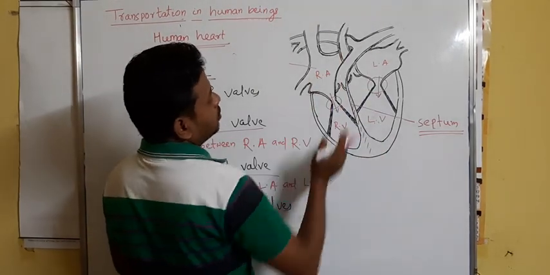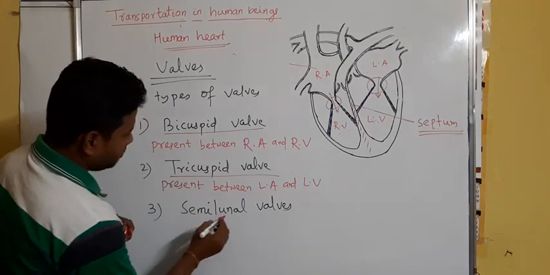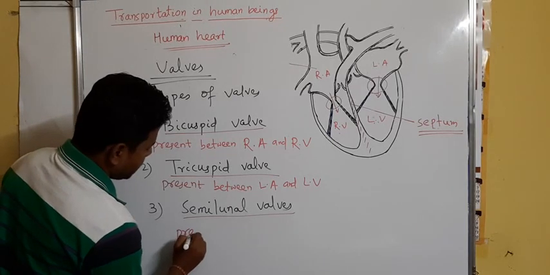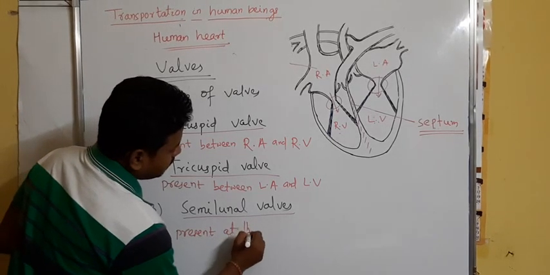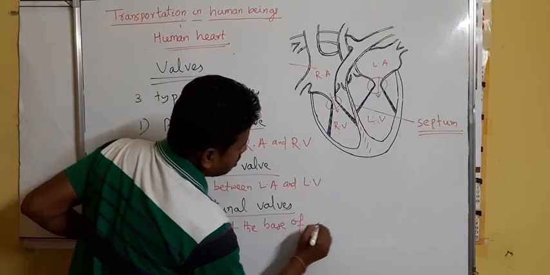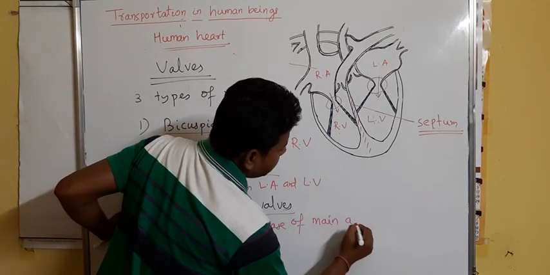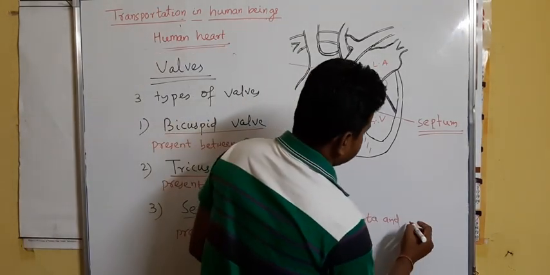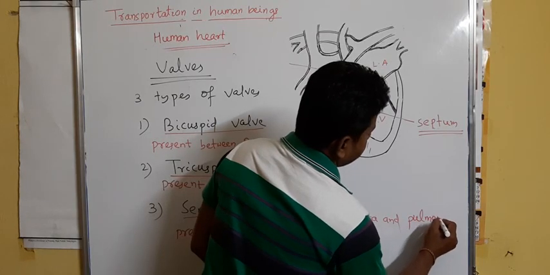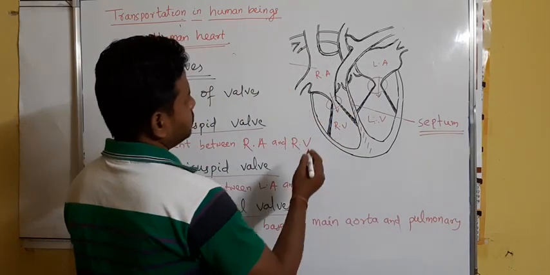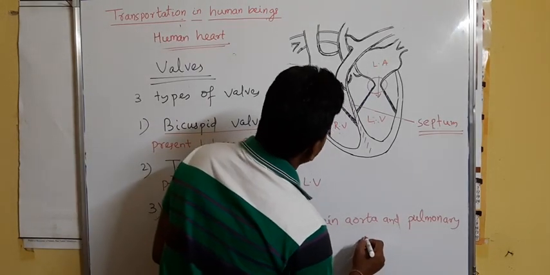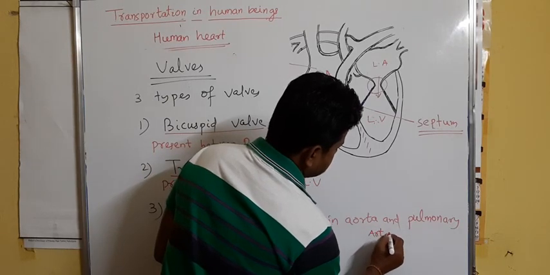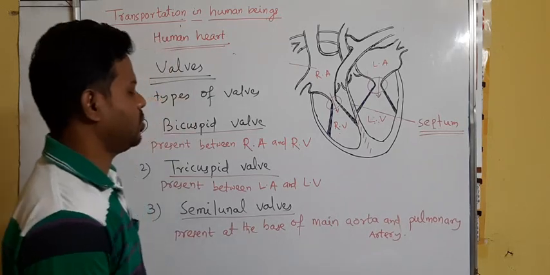And the third type of valve is the semilunar valves, which are present at the base of the main aorta and pulmonary artery.